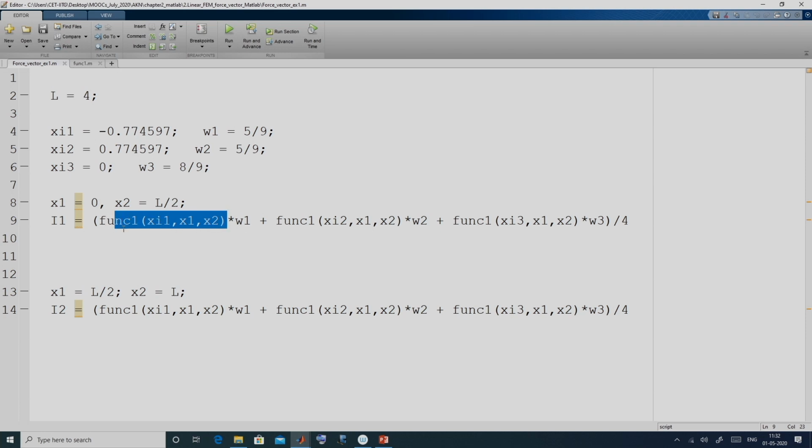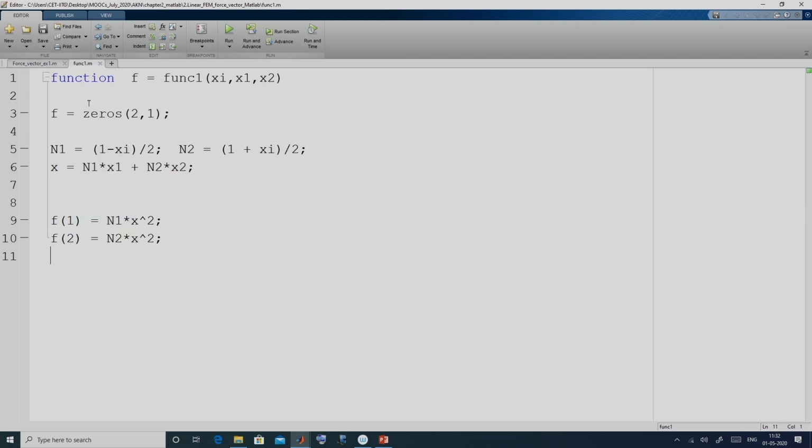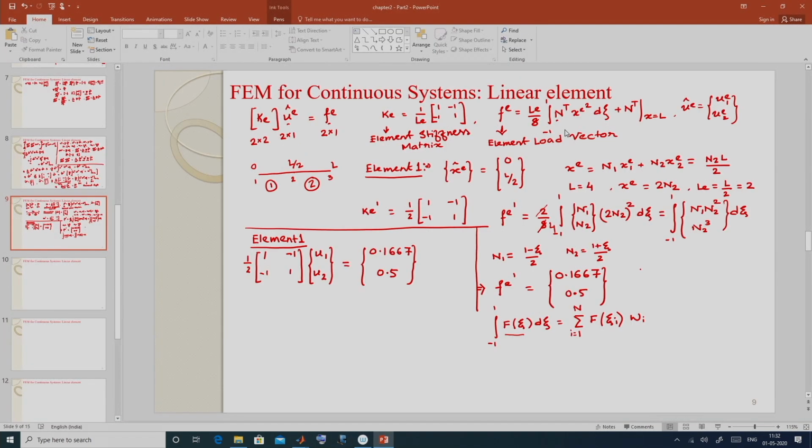This func1 is returning the value of the integrand N1 x square, N2 x square. Our integrand is a vector, first element, second element, and for both elements LE by 8 is 1 by 4.